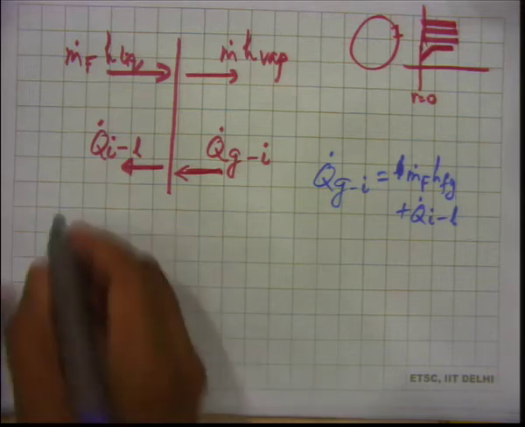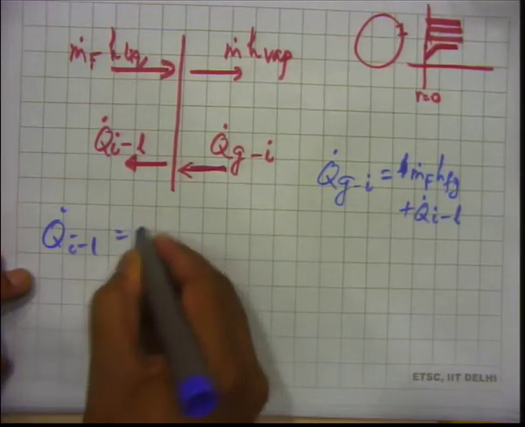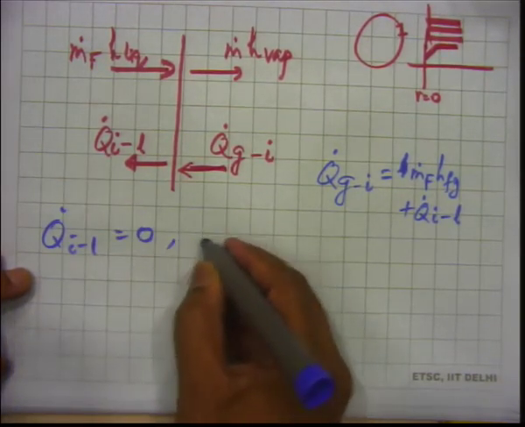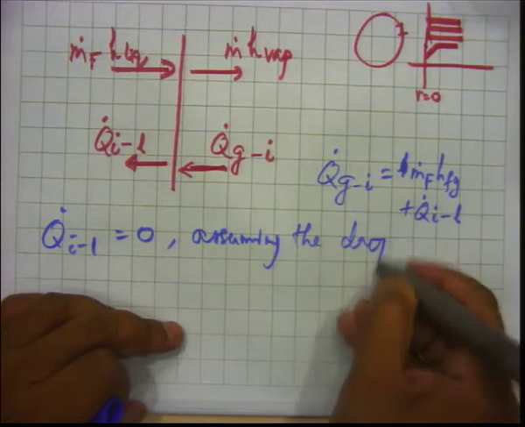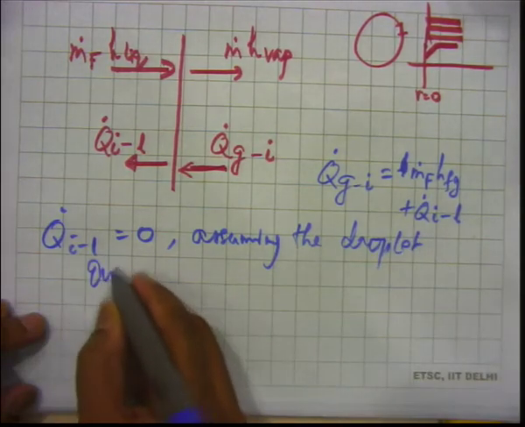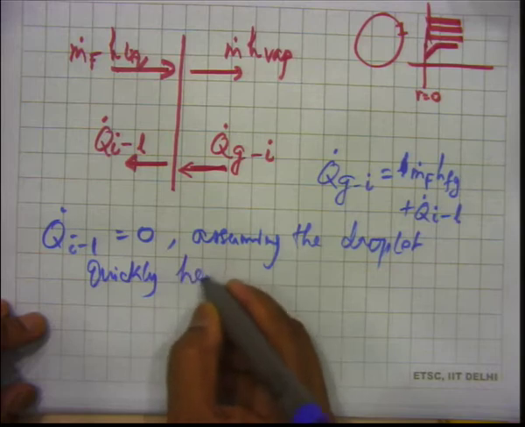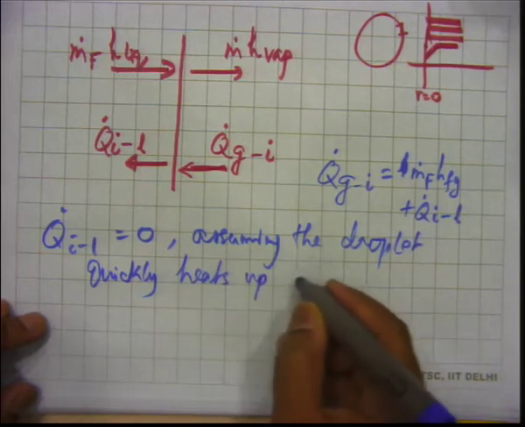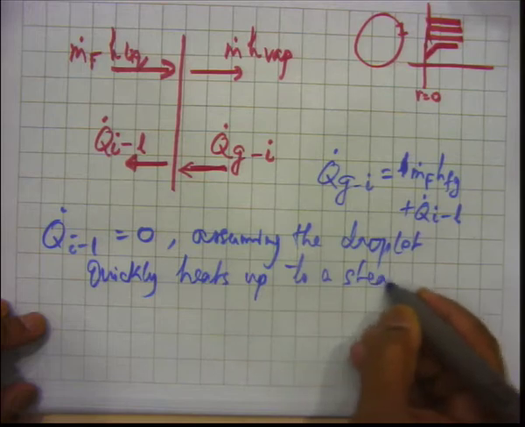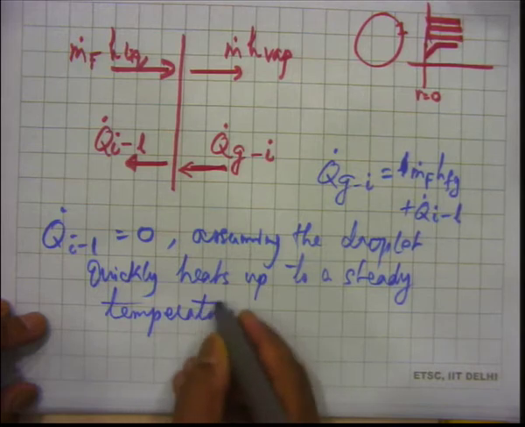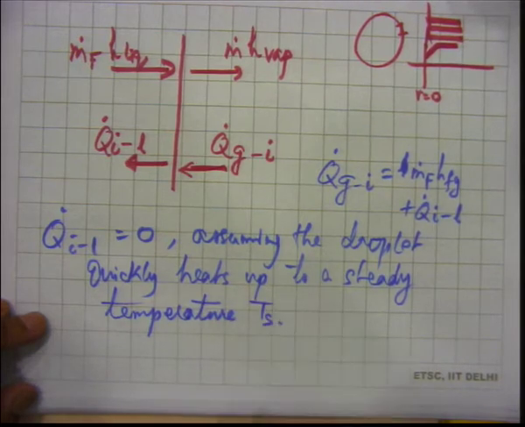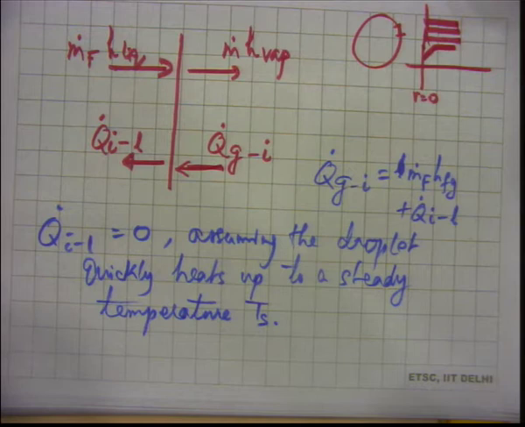So q dot I to L is 0, assuming the droplet heats up to a steady temperature Ts.